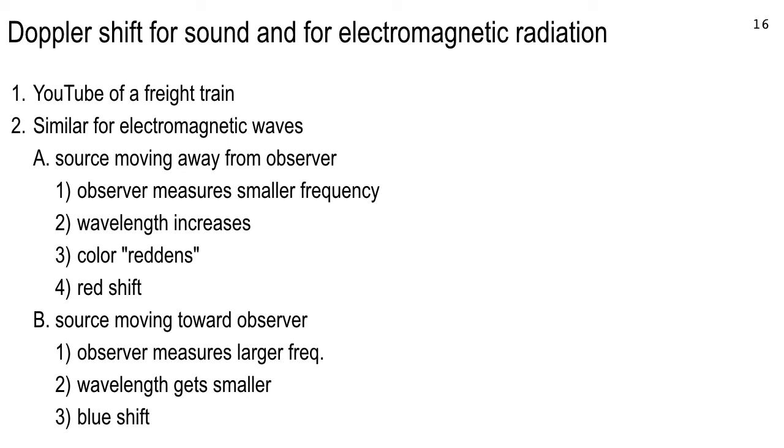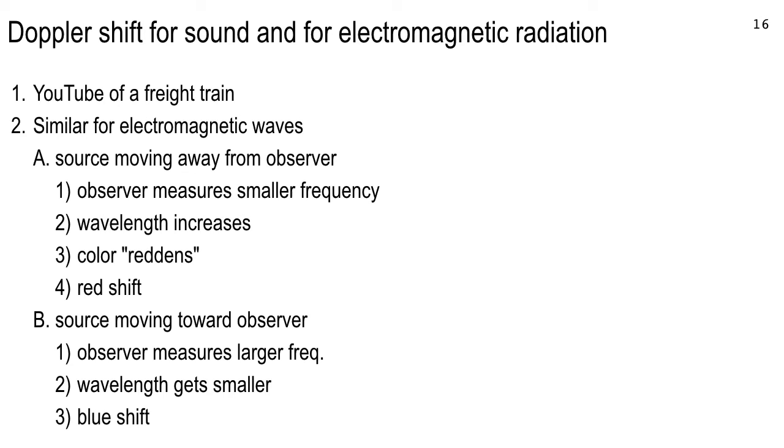And we use the same words, blue shift and red shift, whether we're talking about X-rays, which are neither red nor blue, but we say that it's a blue shift or a red shift. Red shift if the wavelength increases, blue shift if the wavelength gets smaller.